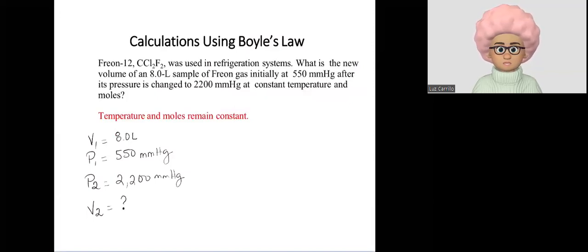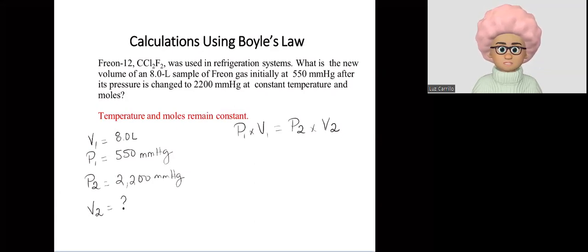So first we write all the information given, so you can see it. Then we proceed to write the equation that we need for Boyle's law, which is P1 times V1 equals P2 times V2.